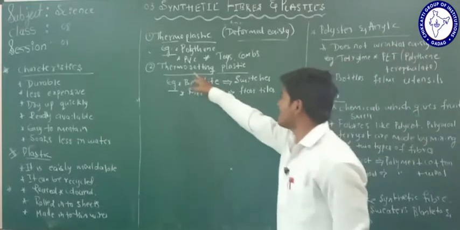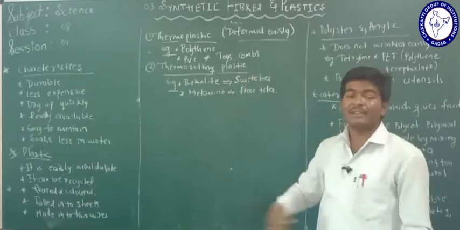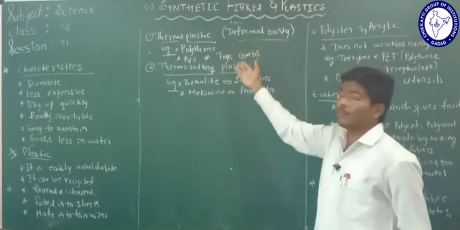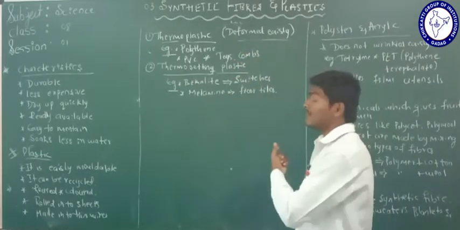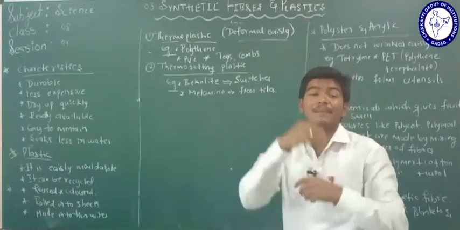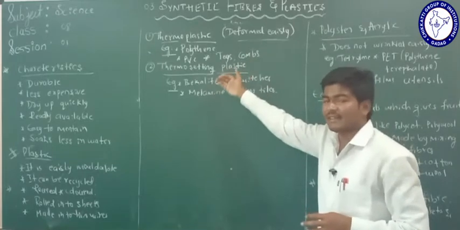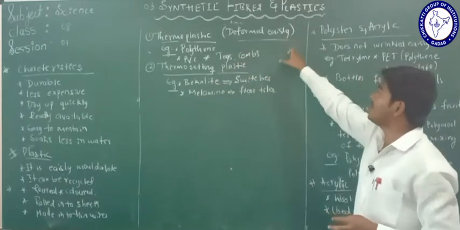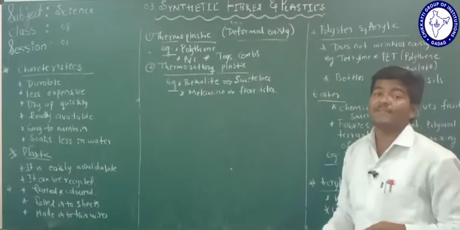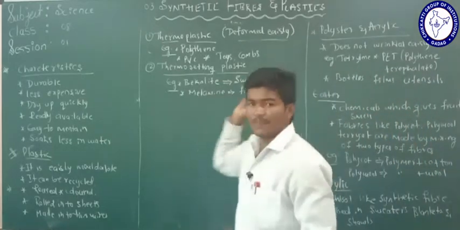And what are thermosetting plastics? Thermosetting plastics are opposite to thermoplastics. Once the plastic has set, or once the plastic has been made, in thermosetting plastics it cannot be deformed if we provide heat.